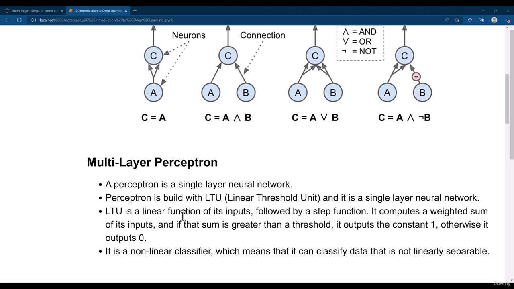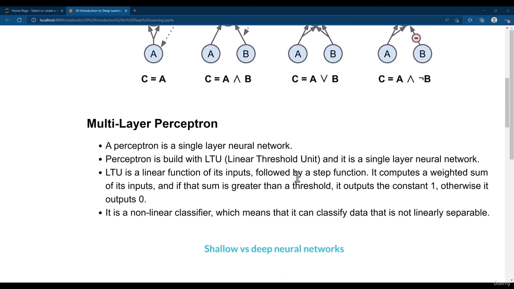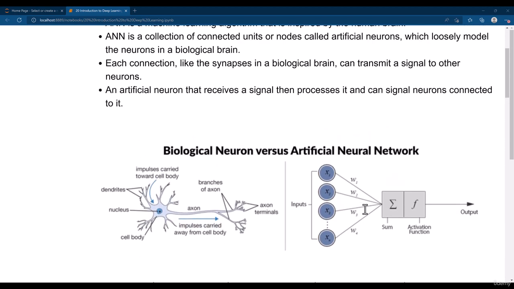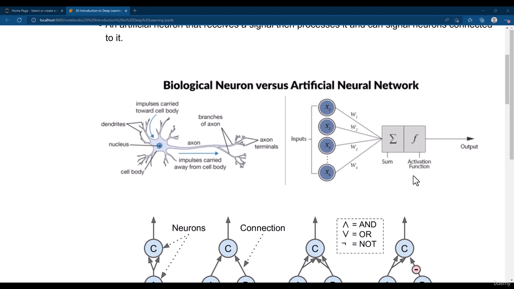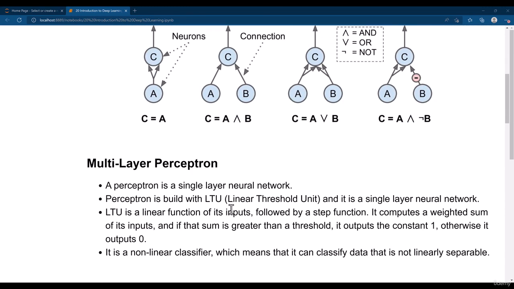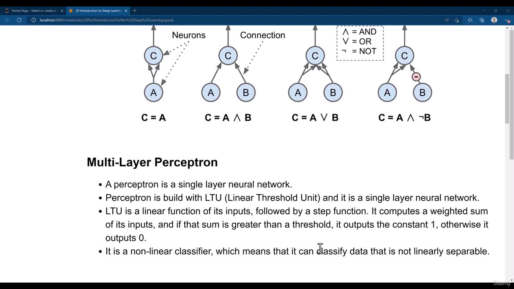So this LTU is a linear function of its input followed by a step function. That means this activation function is actually the step function. So when the input multiplied by the weight reaches a particular threshold, it is compared with the step function, and when it reaches above the threshold, then the output is 1, otherwise it is 0.